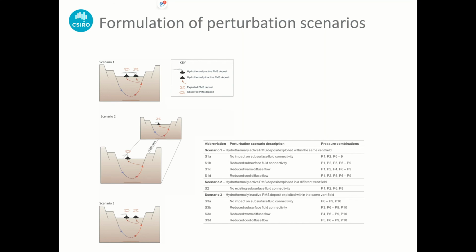Scenario 2 is where it's in a different vent field and there's some sort of change in the underfloor hydrothermal connectivity, and then another one where there's an inactive deposit that is exploited in the same vent field. So scenario 1 and scenario 3 are similar in that they're the same vent field, but scenario 1 is where it's an active vent that's being exploited, and scenario 3 is where it's an inactive vent that's being exploited.